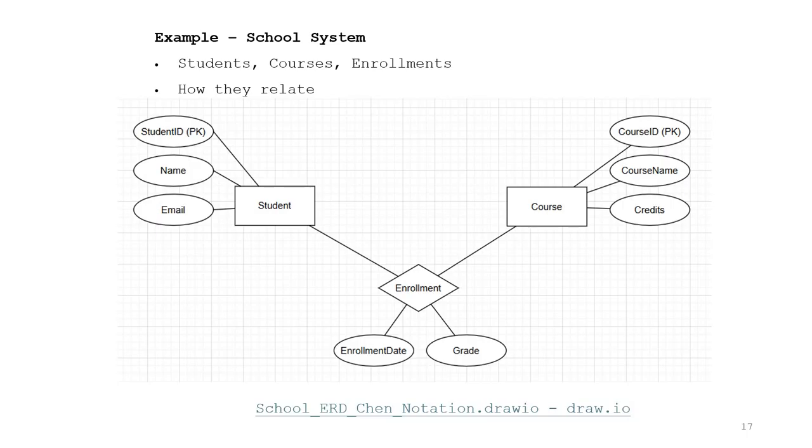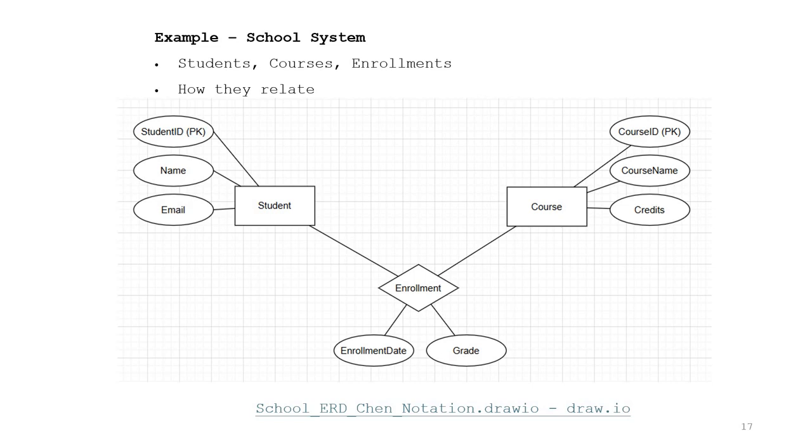So how we can read this figure, how we can read this diagram? Here we have the student, the attribute of students. I repeat, this is very, very simple. Here we have the course, attribute of course, enrollment, relationship between student and course.